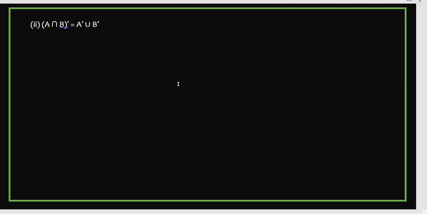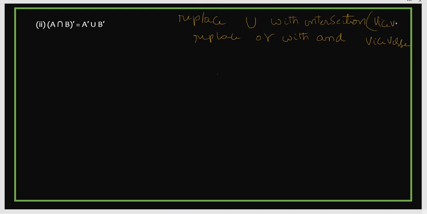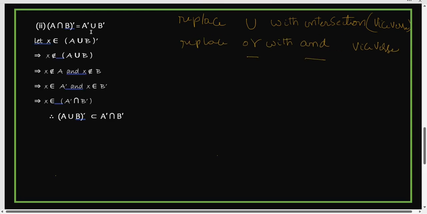We can prove this by replacing union with intersection and or with and, and vice versa. If intersection is there, you replace it with union. If and is there, you replace it with or. That is fine. So this is De Morgan's second law.